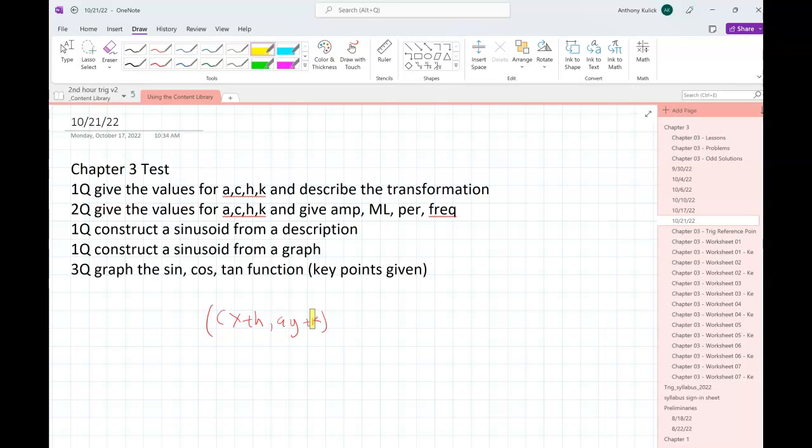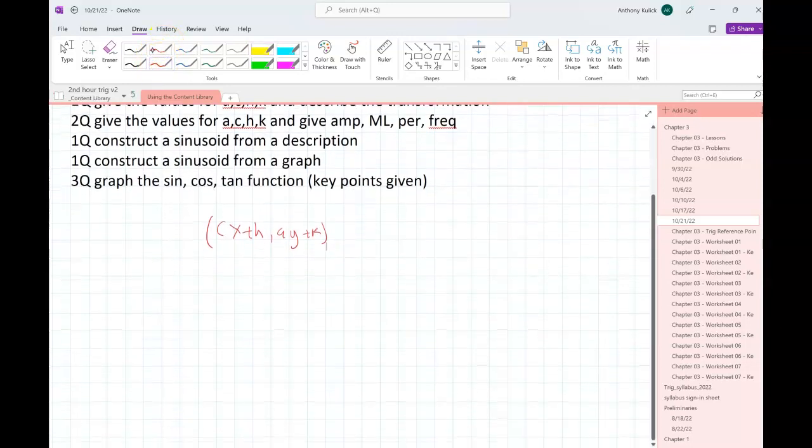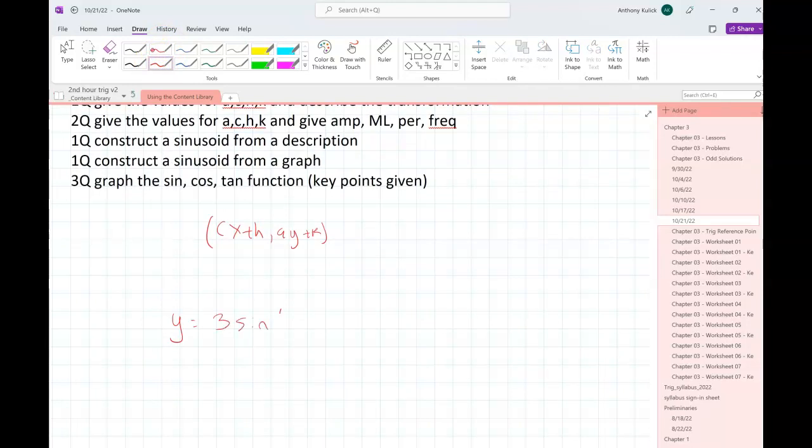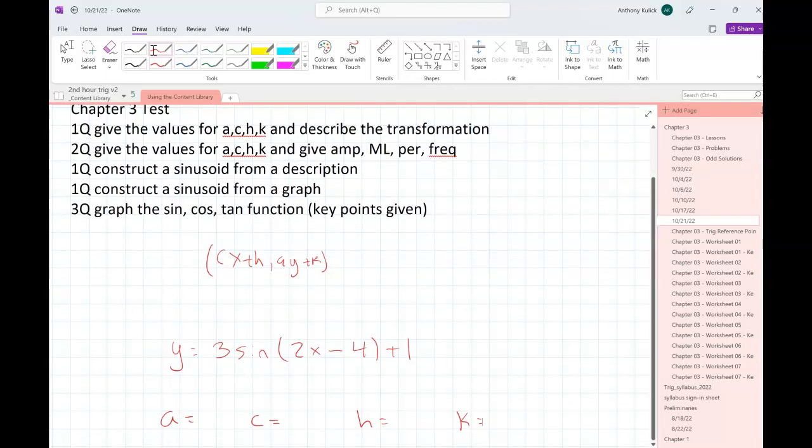Okay. I want to point out a couple of things here that I saw on the homework quiz. Let's say we have something like this. Being able to identify the values for A, C, H, and K here is critical for this problem, and these problems.